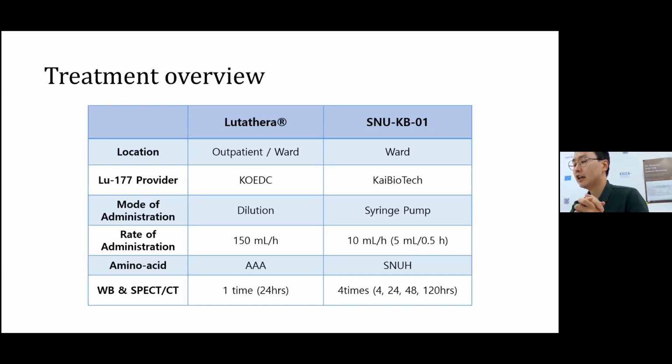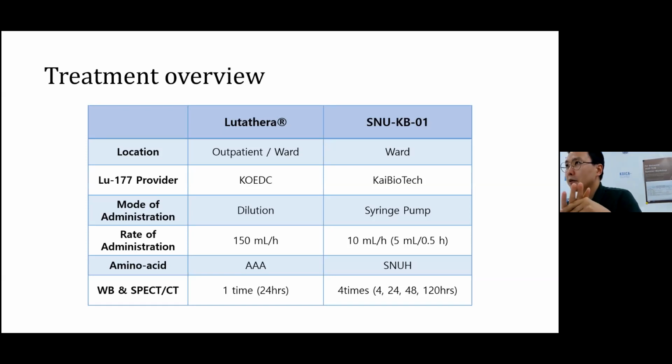The indication for NETTER-2 is high grade. In the high grade, they want to see whether PRRT will be effective as first line. So I think the result of NETTER-2 will introduce PRRT as a first-line therapy. But for grade 1, as far as I know, there is no attempt right now for lower grade neuroendocrine tumor patients to get PRRT as a first line.